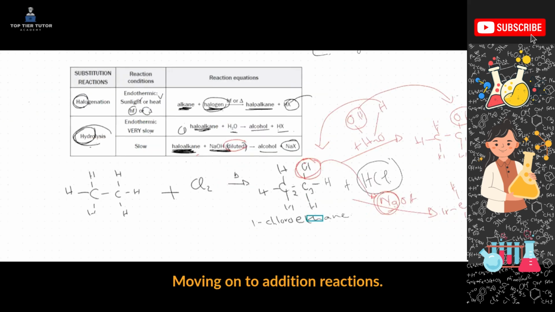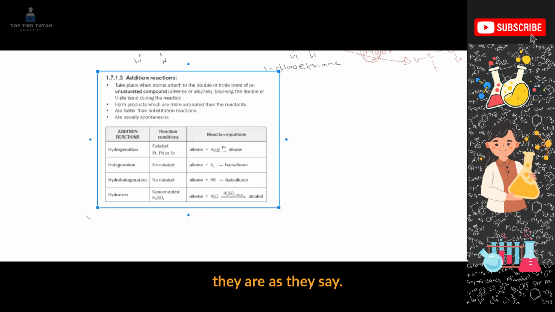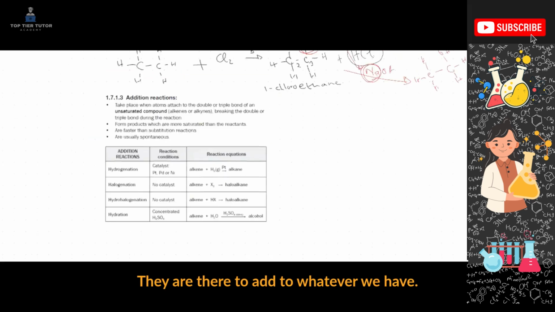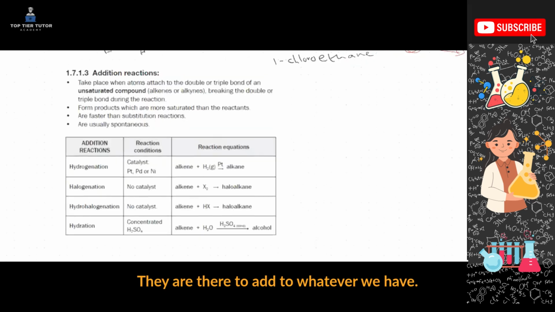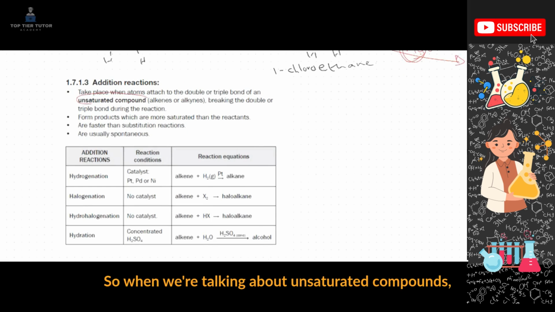We are moving on to addition reactions. With regards to addition reactions, they are as they say. They are there to add to whatever we have. In order for us to be able to add, we need to have unsaturated compounds. When we're talking about unsaturated compounds, we're talking about alkenes and alkynes.